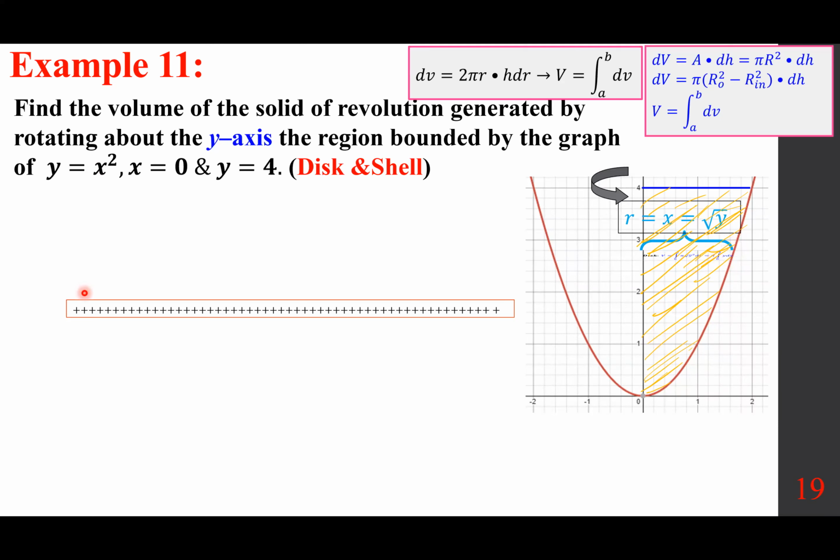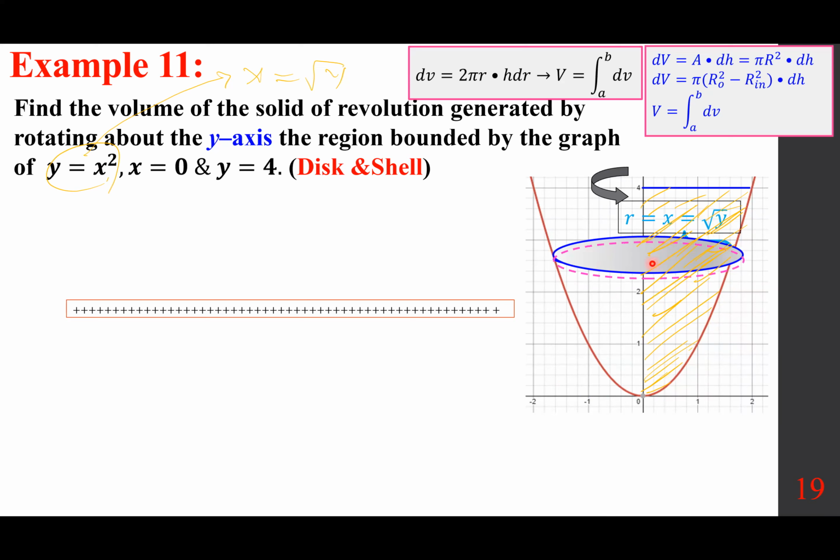And from here, if you solve for x, x becomes square root of y. Remember, x is plus or minus square root of y, and the right side would be positive square root of y. So when we rotate it about the y-axis, it generates this disk.